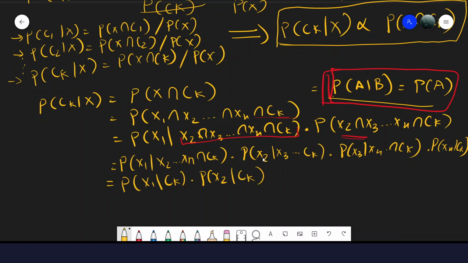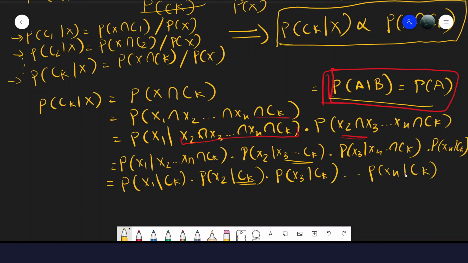Because all the features are independent of one another, but the features are not independent of ck. So ck stays over here, but all of these other features, x2, x3, x4, x5, they all go away. P of x3 given ck all the way to P of xn given ck, right?